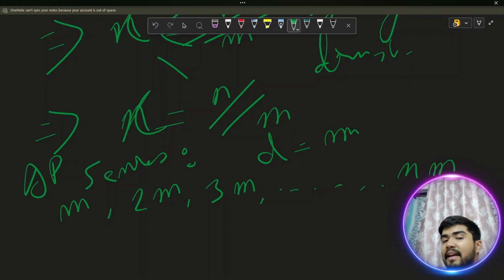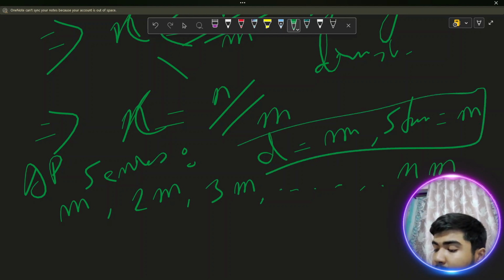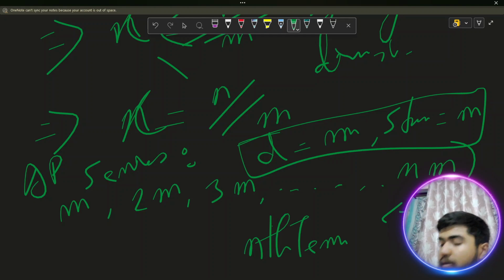And what is the start point of it? It is also m. The start and common difference are both m. And how many terms do we have in this? N is the number of terms, or I can say the nth term. How many terms within the range of 1 to n does it hold? It's nothing but n integer-divided by m.